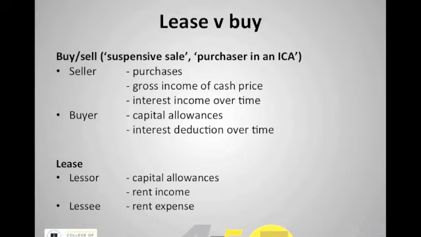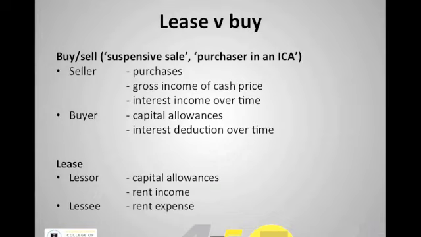And then over time they have interest income as the buyer pays off the financing of the sale. The buyer now owns the asset, and the buyer is entitled to claim capital allowances for income tax purposes. The buyer then has interest deductions over time as they are paying off the debt of this asset.